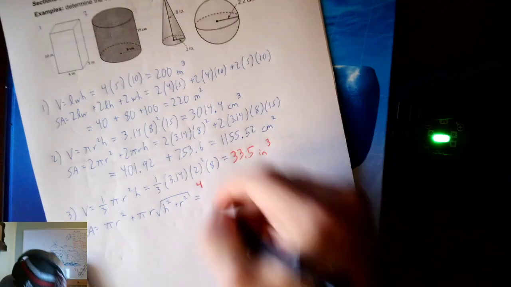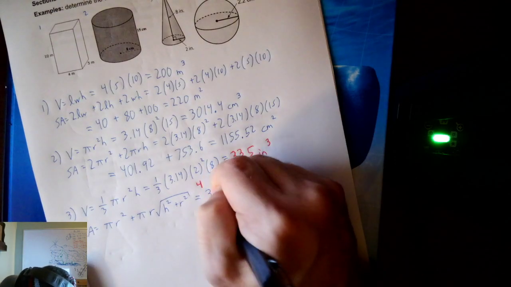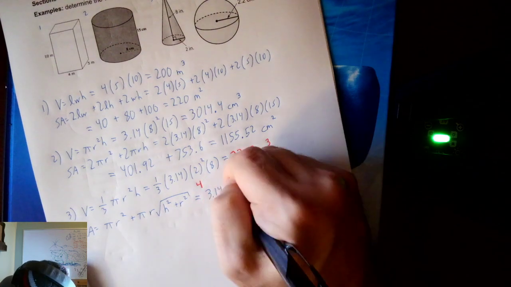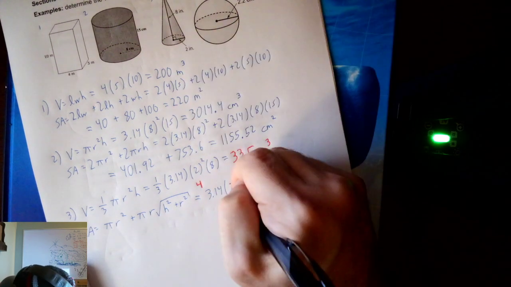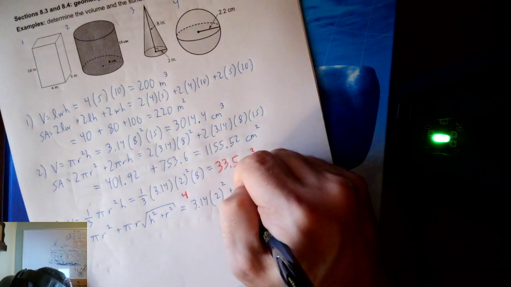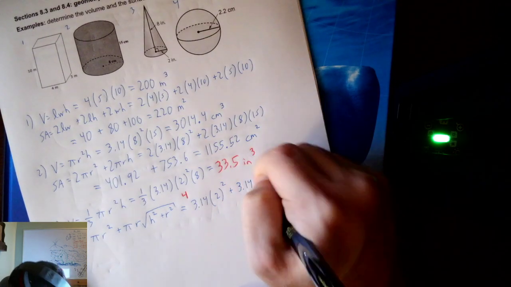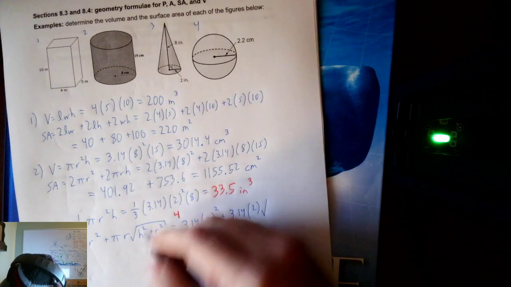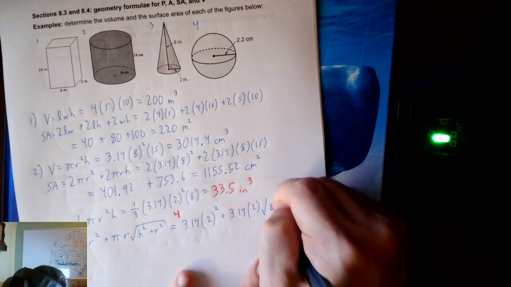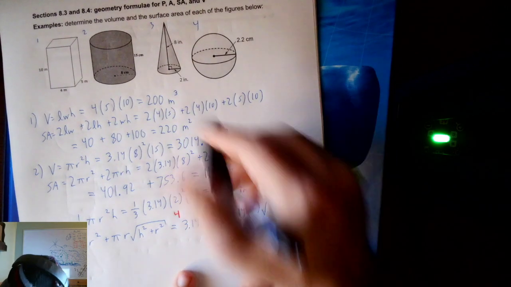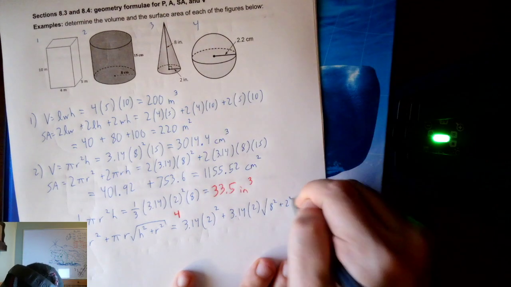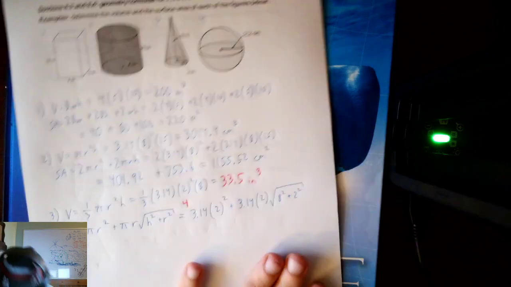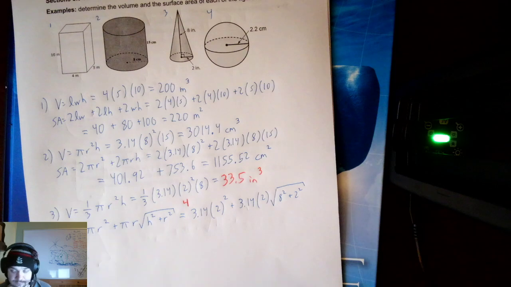So let's plug in pi, 3.14, r squared, 2 squared, plus pi, 3.14 times r, which is 2, and then square root of h squared, which is 8 squared, plus 2 squared, and that'll be all square rooted, right?